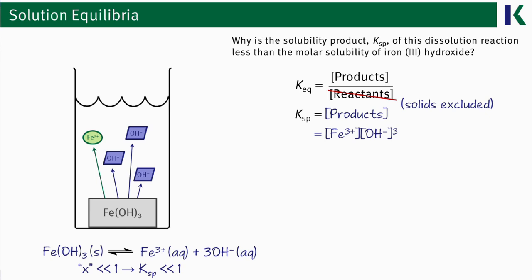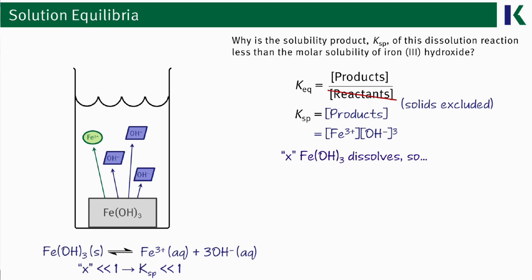We have to remember to include that cubed value because that's how we represent the coefficient when we're doing equilibrium calculations. Here's where molar solubility finally comes in. Molar solubility is the moles of a substance that dissolves. So in this case, we can set the amount of iron 3 hydroxide that dissolved equal to X. For each iron 3 hydroxide molecule to dissolve, there's X amount of iron ion released. In addition, there's 3X amount of hydroxide released.